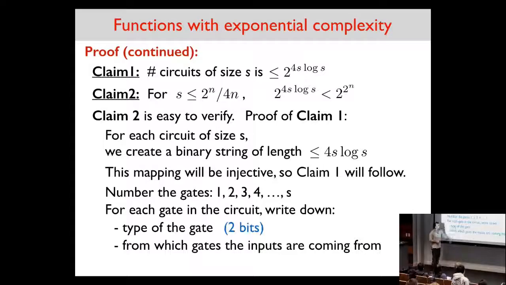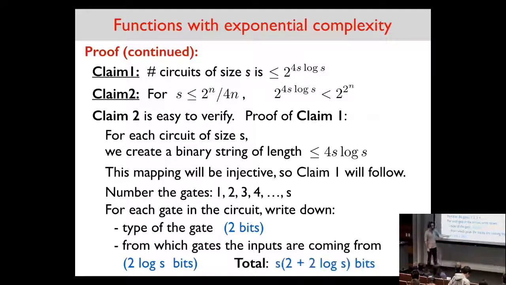So how many bits do I need for the type of the gate? 2 bits. I have 3 gate types, so 2 bits is enough. From which gates the inputs are coming from? For a fixed gate, how many bits do I need? 2 log s. Very good. So I have 2 inputs, each gate is represented with log s bits, so that's 2 log s bits.